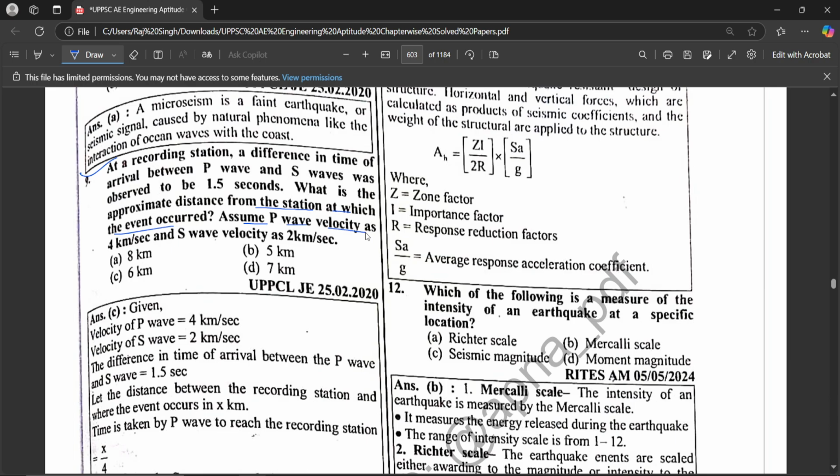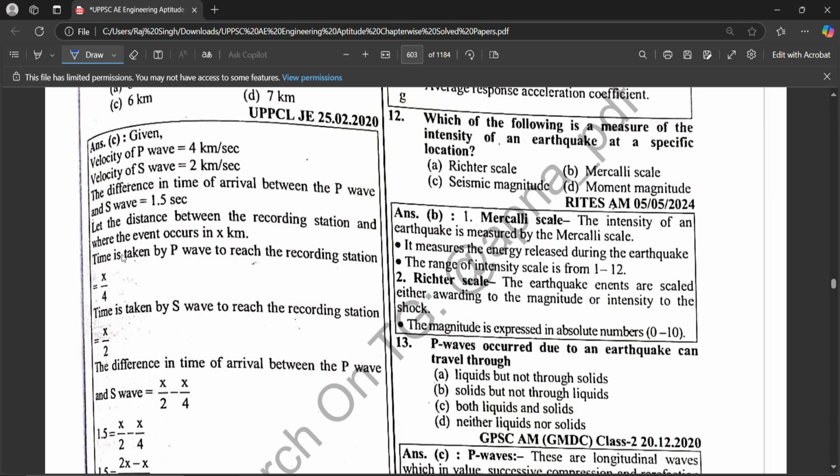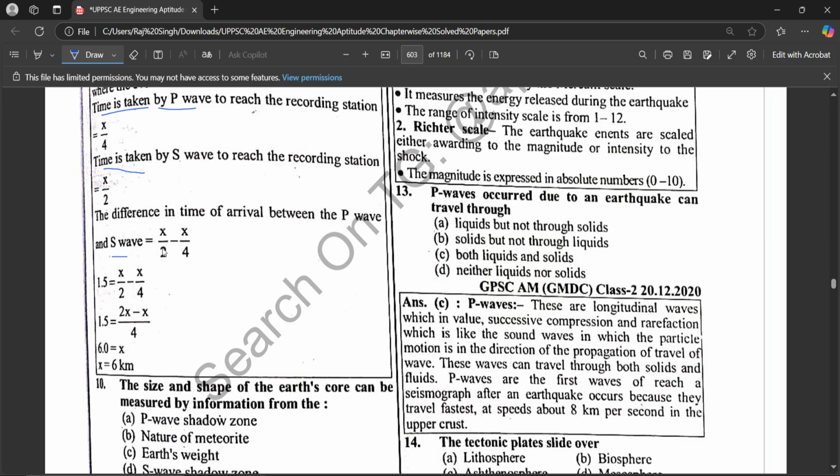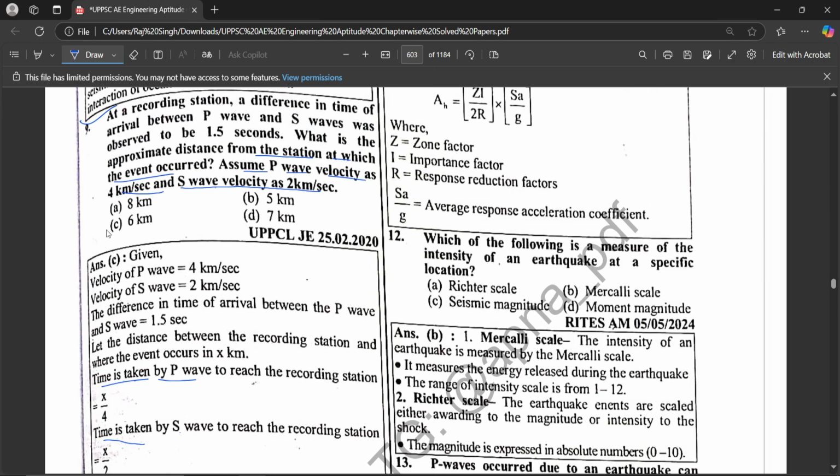Assume P wave velocity as 4 km per second and S wave velocity as 2 km per second. तो आपको पता है टाइम टेकन बाय पी x/4 और टाइम टेकन बाय एस x/2। ठीक है, तो एस वेव और पी वेव का डिफरेंस टाइम x/2 माइनस x/4, जो कि 1.5 दे रखा है आपको। ठीक है, यहाँ से आपको 6 किलोमीटर पता चल जाएगा डिस्टेंस, हेंस सी ऑप्शन इज करेक्ट.